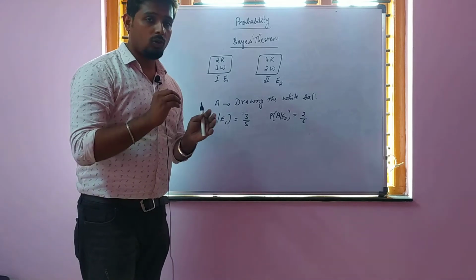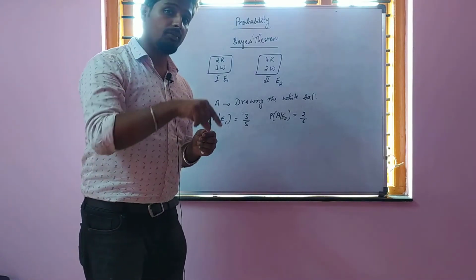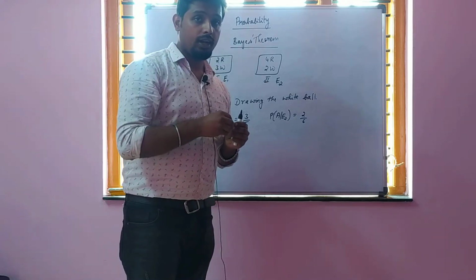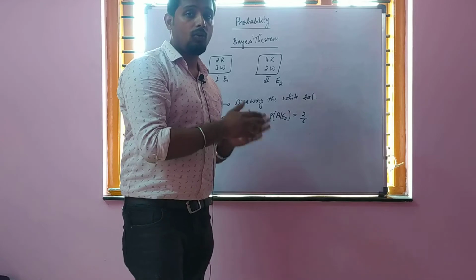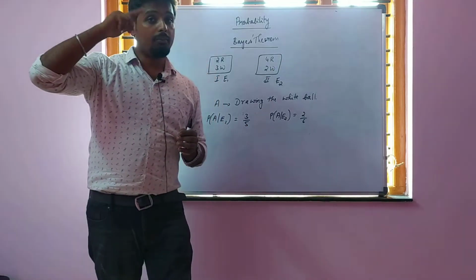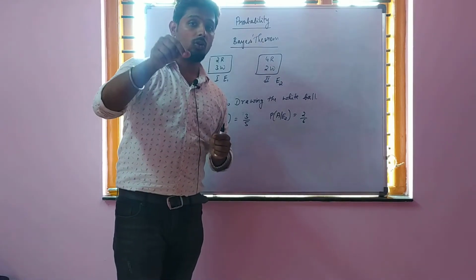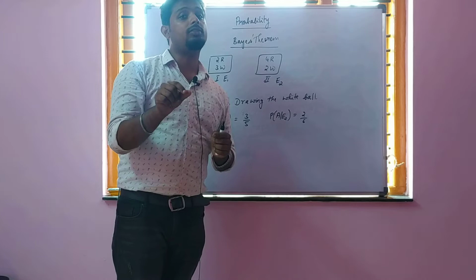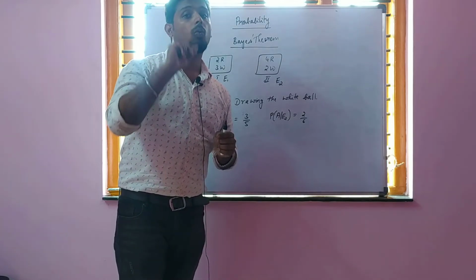But now I am telling you that I am predetermined to select the white ball. Now I need to know the probability that I have selected bag 1, and the probability that I have selected bag 2. So I need the probability of selecting bag 1 if we are predetermined to select the white ball.